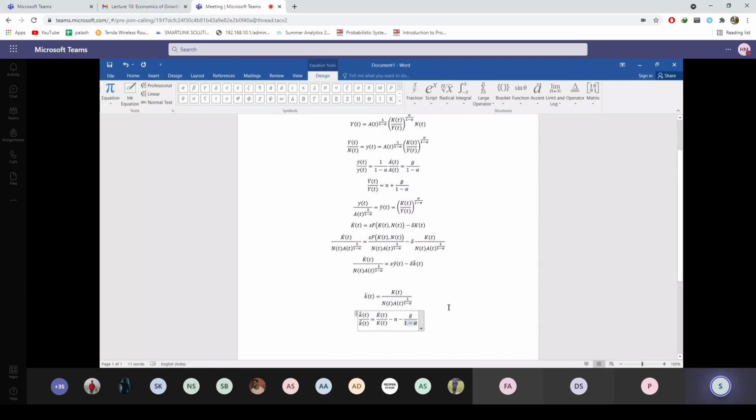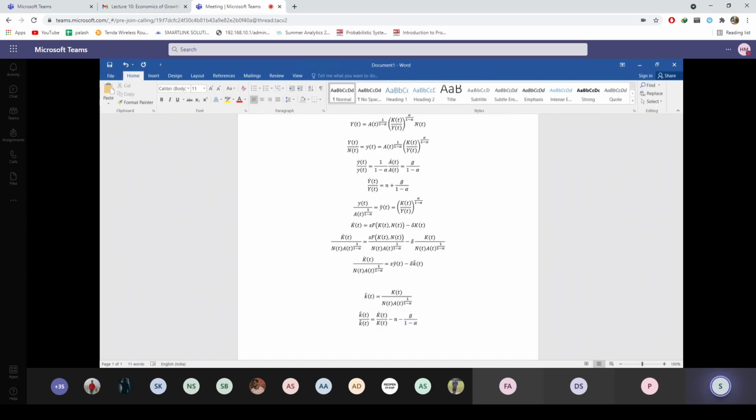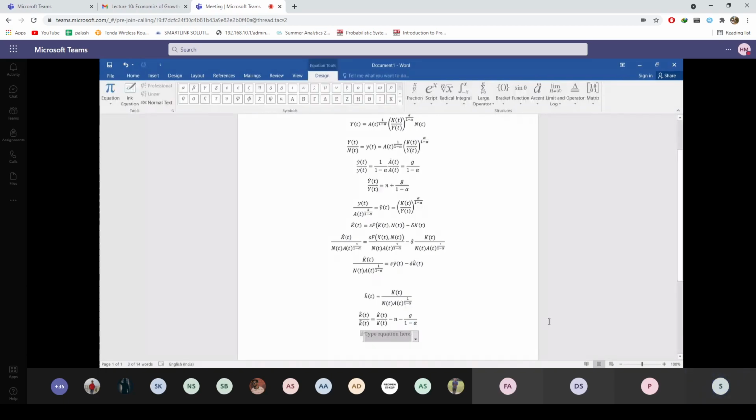Then if you simply multiply both sides by k hat of this thing, you will get, let me call it d/dt, otherwise difficult.